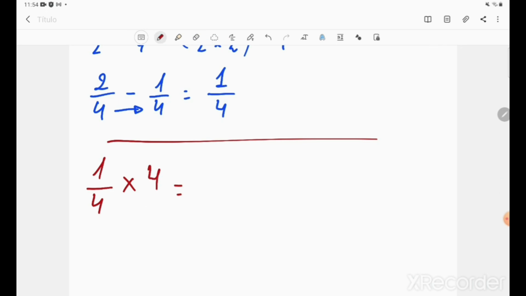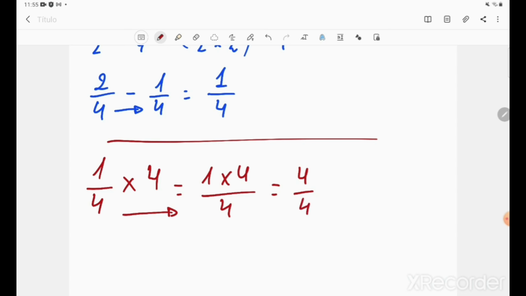So how to multiply a fraction by a whole number? As you know, we multiply 1 by 4 and the denominator stays the same, which equals 4 over 4.